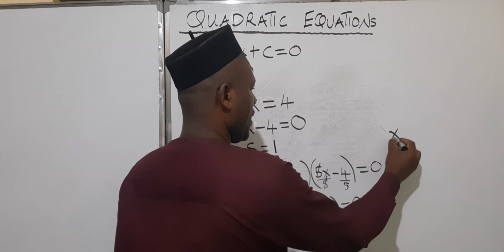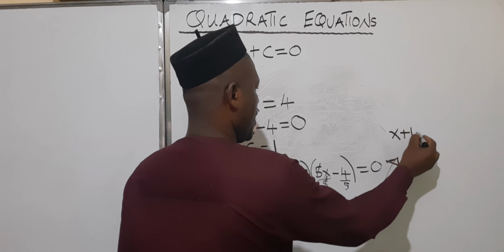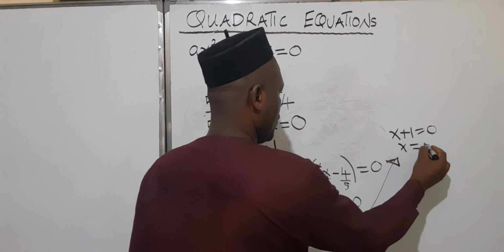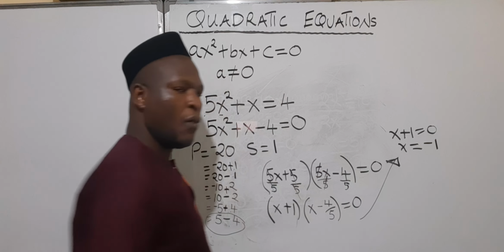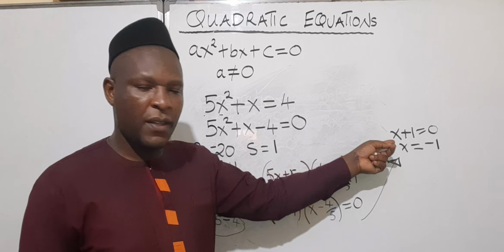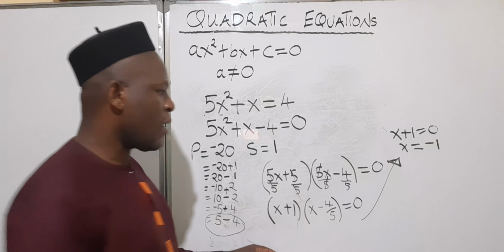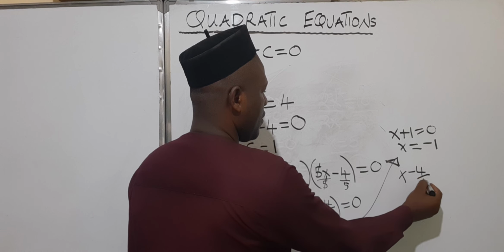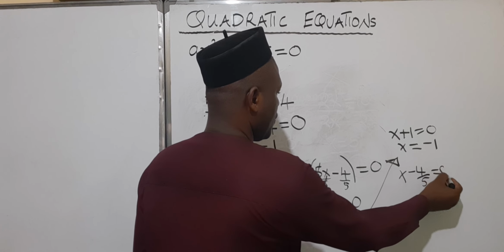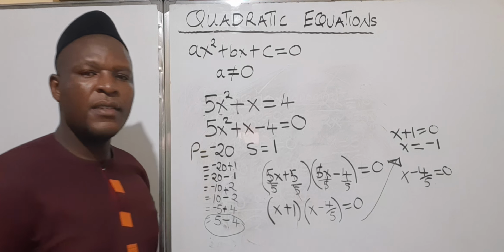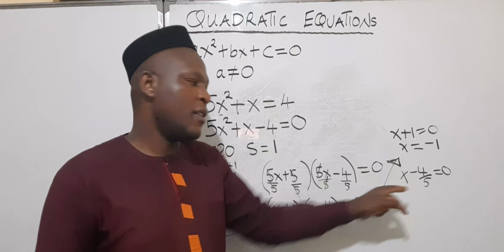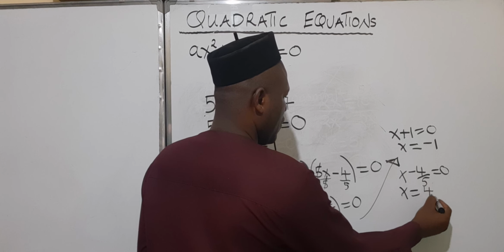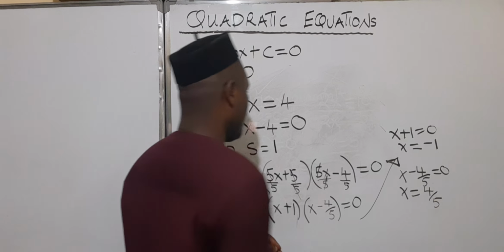The first one will be x plus 1 equals to 0, which is x equals to negative 1, if you are to solve this. The second one is x minus 4 over 5 equals to 0. Additive inverse of this will be x equals to positive 4 over 5.